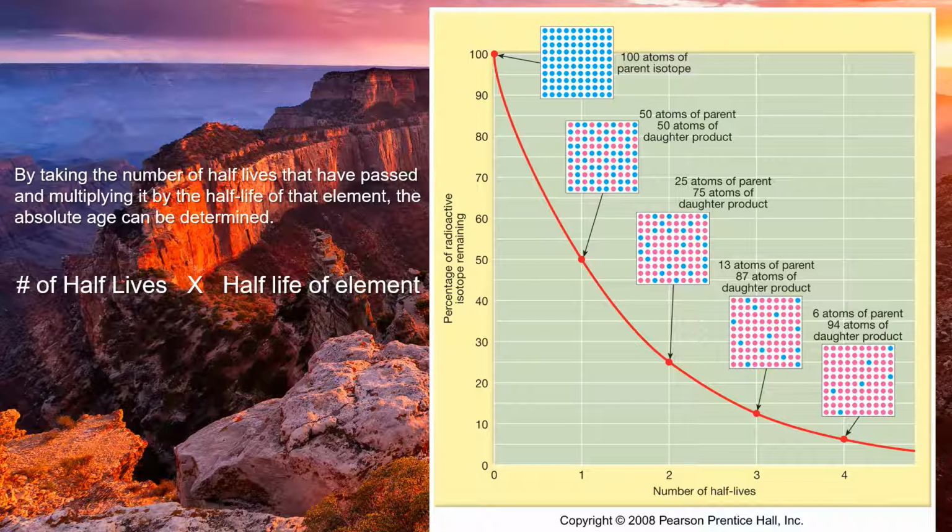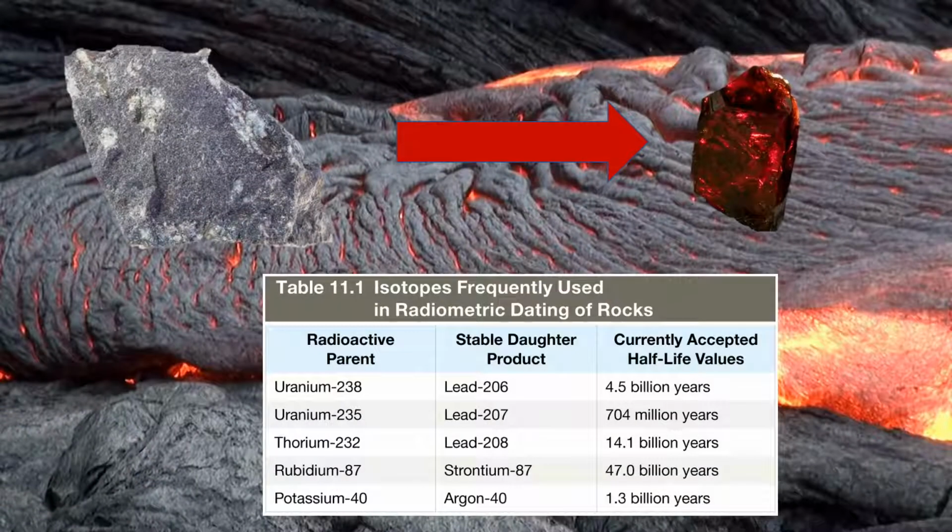Okay, here's a perfect example. Let's say that we take a sample of this basalt, and of course this basalt right now is brand new. Looking at the rock on the left, you take a sample of this basalt. One thing we are specifically looking for is the mineral zircon, because zircon has a lot of uranium-238 in it.